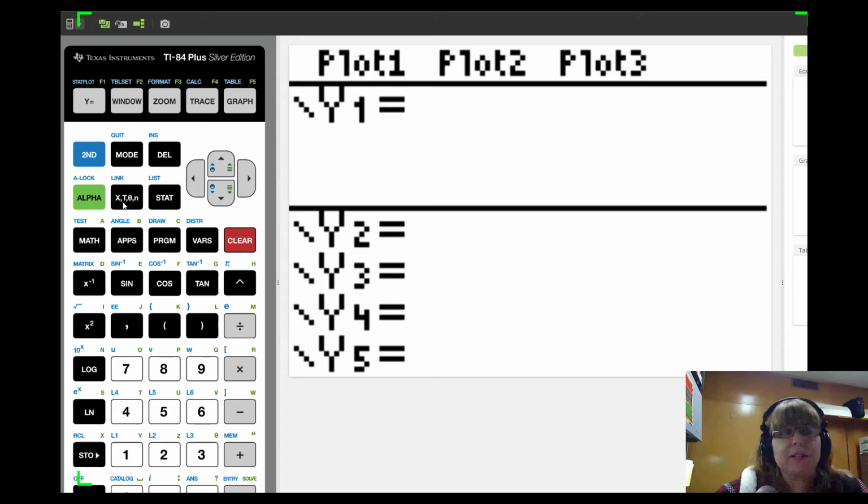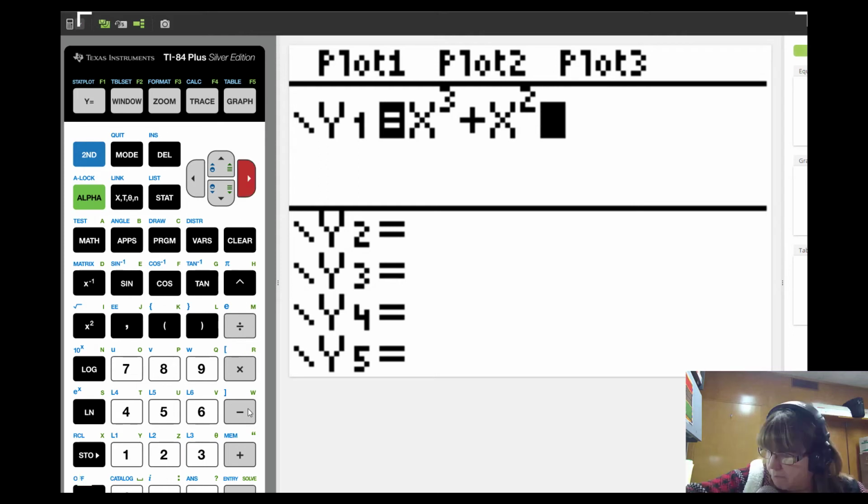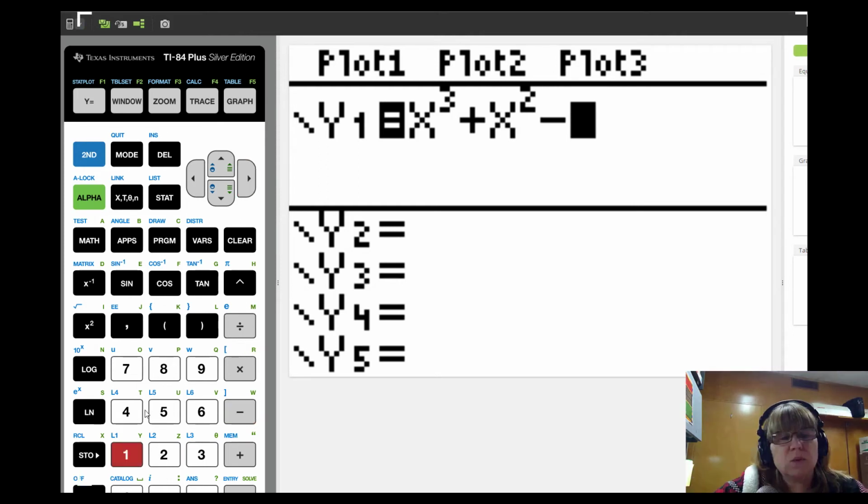I'm used to doing it on a regular computer calculator and not this one.